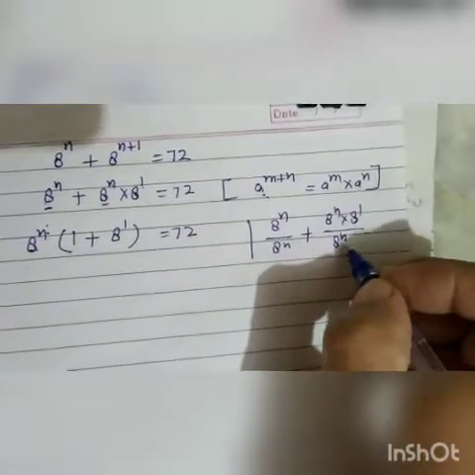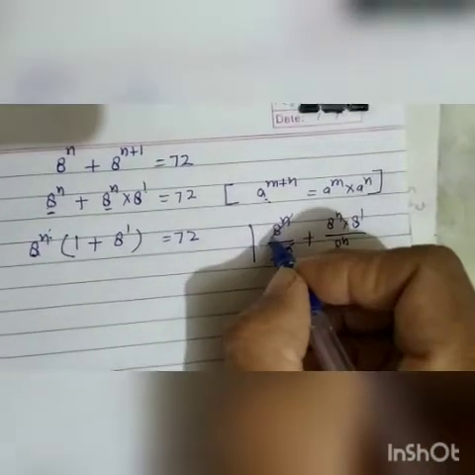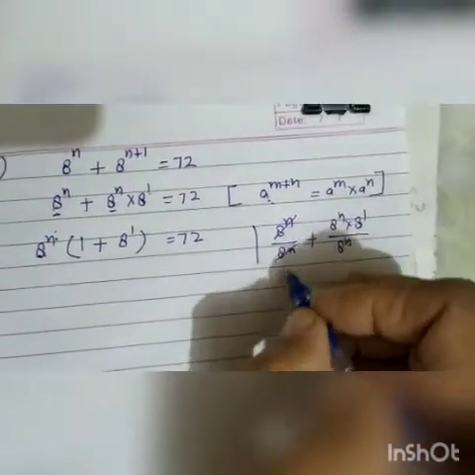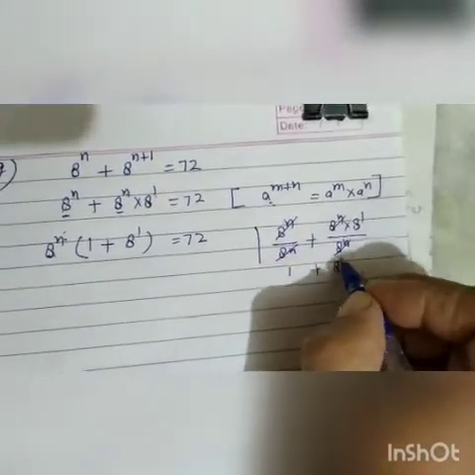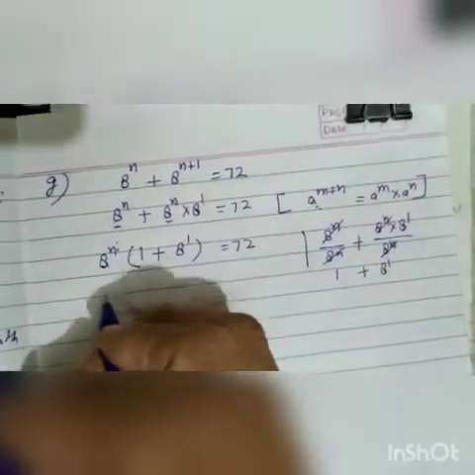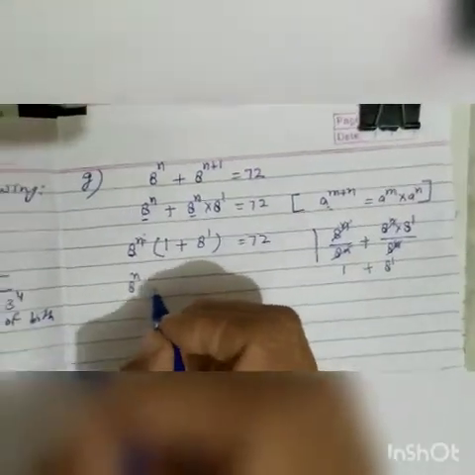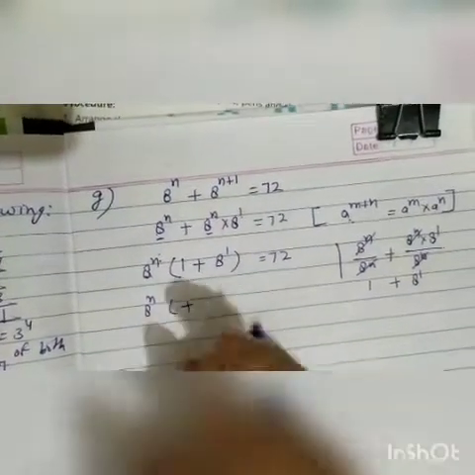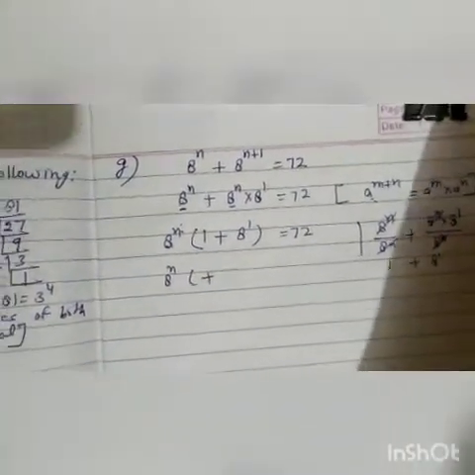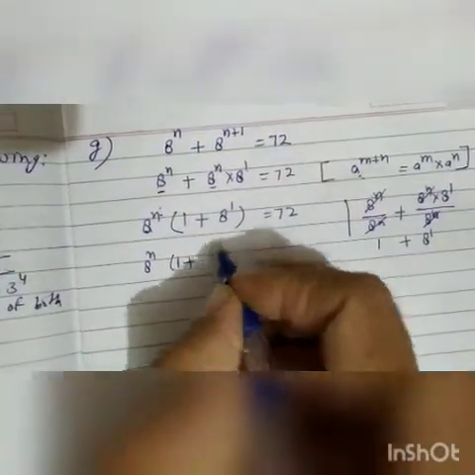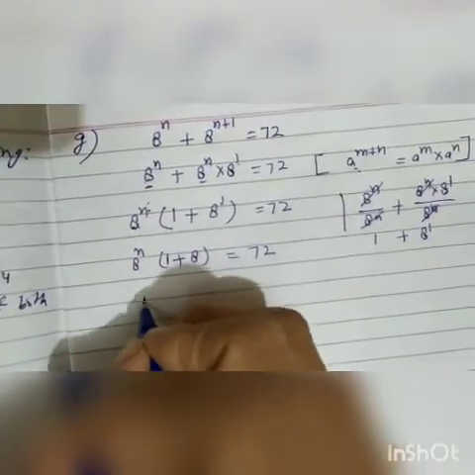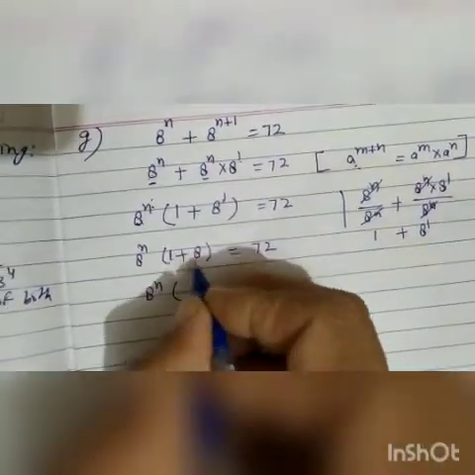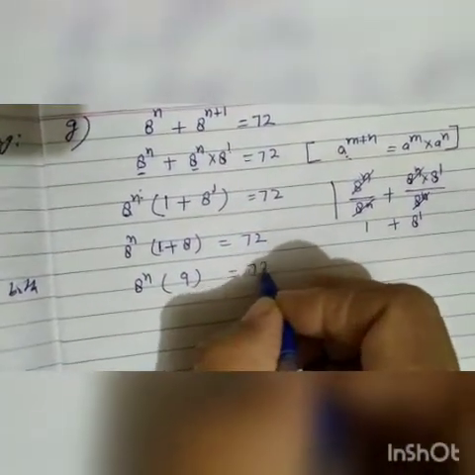Again, what we have taken common, 8 power n, is cancelled, so we get 1 plus 8 power 1, which means 8. So 8 power n into (1 plus 8), that is 9, is equal to 72.